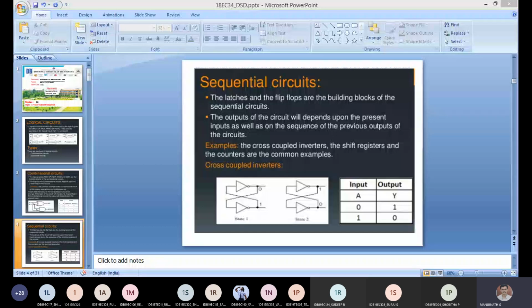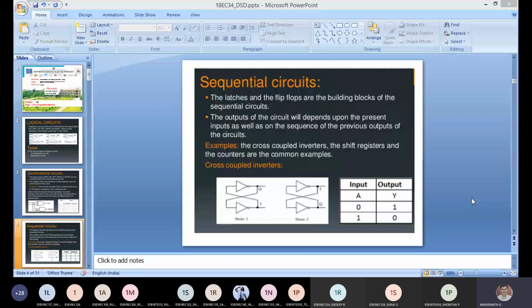Okay, we'll proceed. You can see the things I put in lines for you. That will give you a clear difference between combinational and sequential.